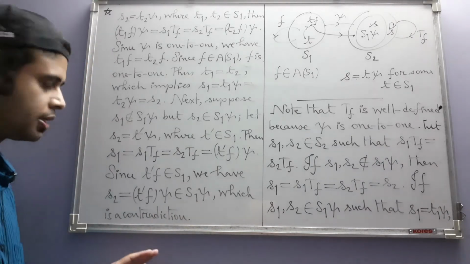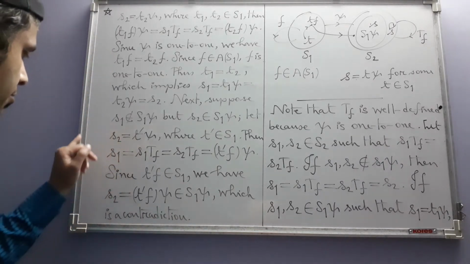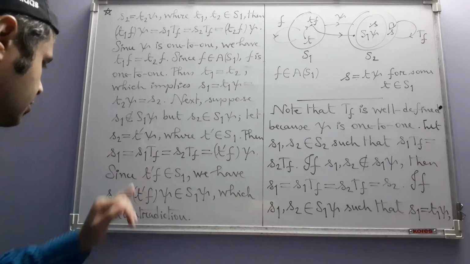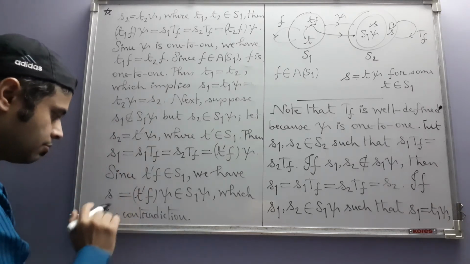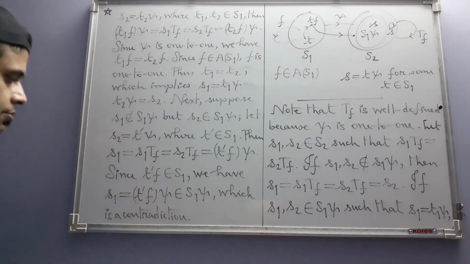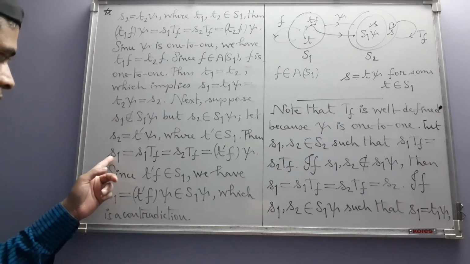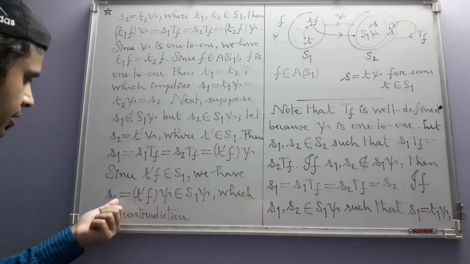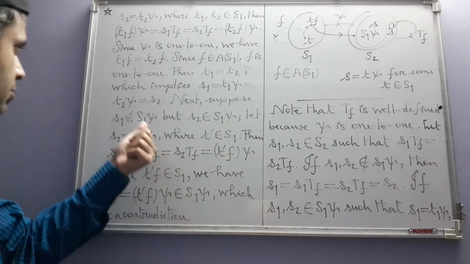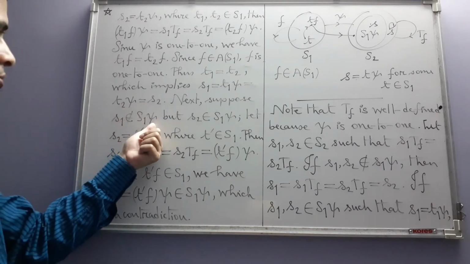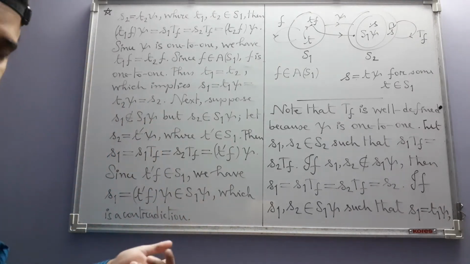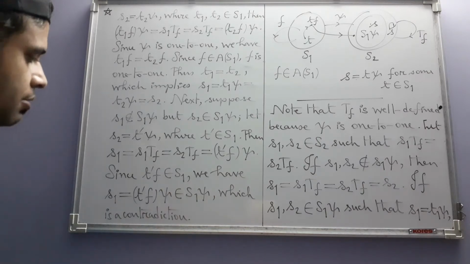What is being contradicted? Oh, I wrote S2 here, it is S1, because ultimately we are getting S1 equal to this. The thing that is being contradicted here is that S1 does not belong to S1 psi according to our choice, but this says that S1 belongs to S1 psi.